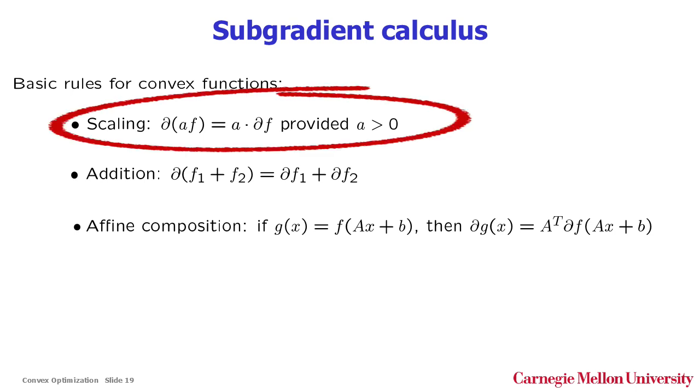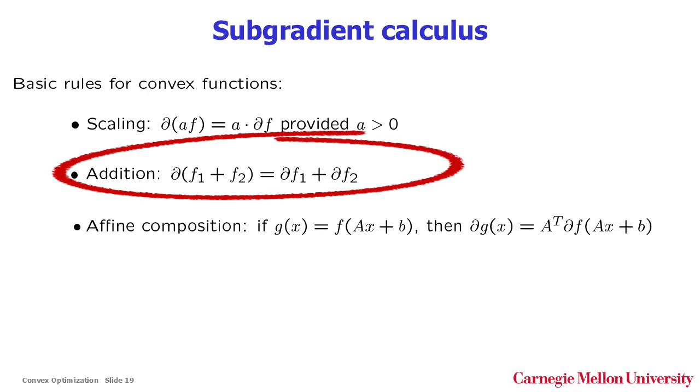If a is a positive number, then the subdifferential of a times f is the same as a times the subdifferential of f. The subdifferential set of f1 plus f2 is the same as the subdifferential set of f1 plus the subdifferential set of f2.